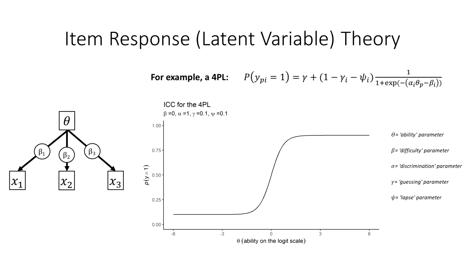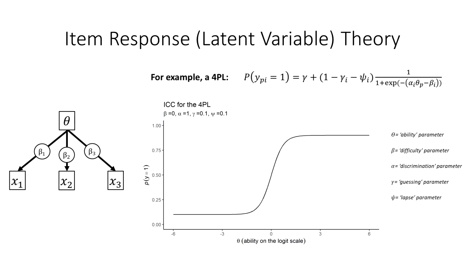And as the ability level goes up, the probability on the y-axis that they will successfully complete the test operational task, or they may endorse a particular item in a questionnaire, increases as the levels of their latent underlying parameter goes up. Now, in this 4-parameter model, we have a couple of characteristics relating to the items.